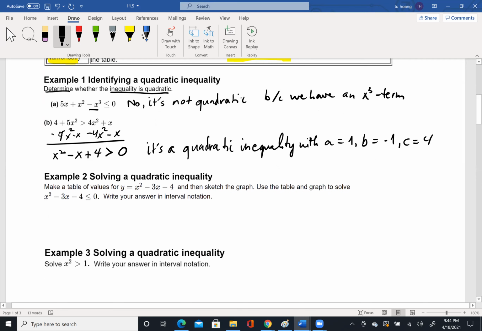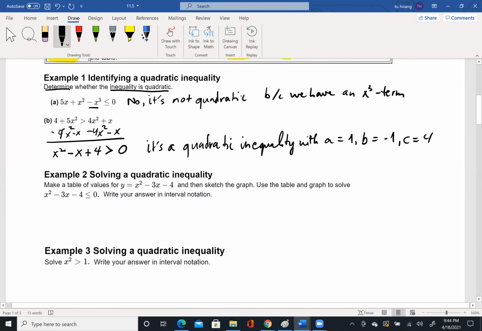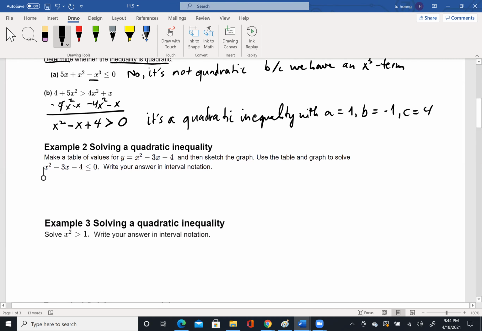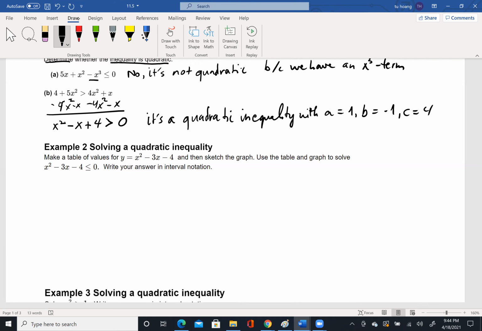So this is the numerical solution. Let's start with solving. Start by making a table of values.